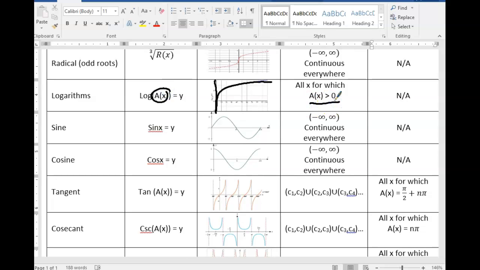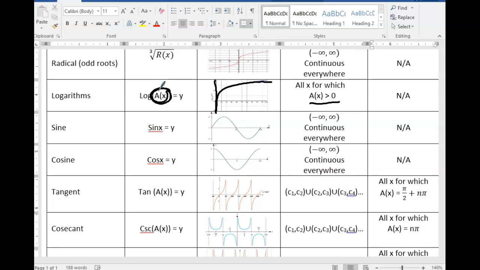This is a subtle detail we have to watch out for with square roots. They can equal 0, but with logs they can't. Because it has a vertical asymptote. So it's continuous anywhere where the argument is greater than 0 and on. So there you have it.